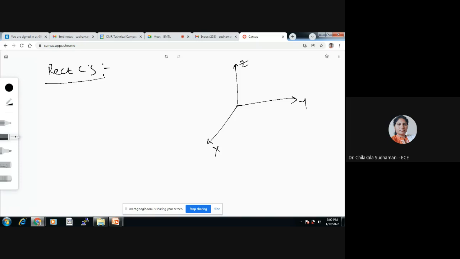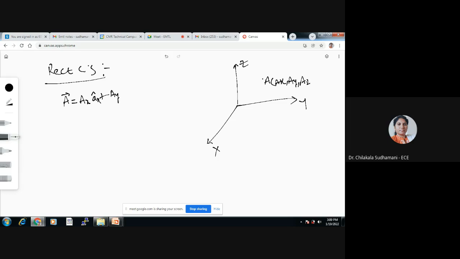We know about this coordinate system, right? Now if any vector is present in this coordinate system, for example I am considering A, then how to represent A bar? If the component along the x-axis is AX and its direction is AX cap, and the component along the y direction is AY, and along z it is AZ.